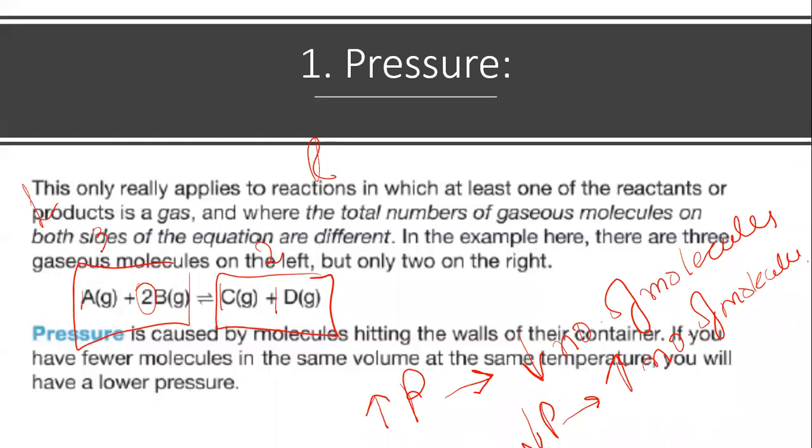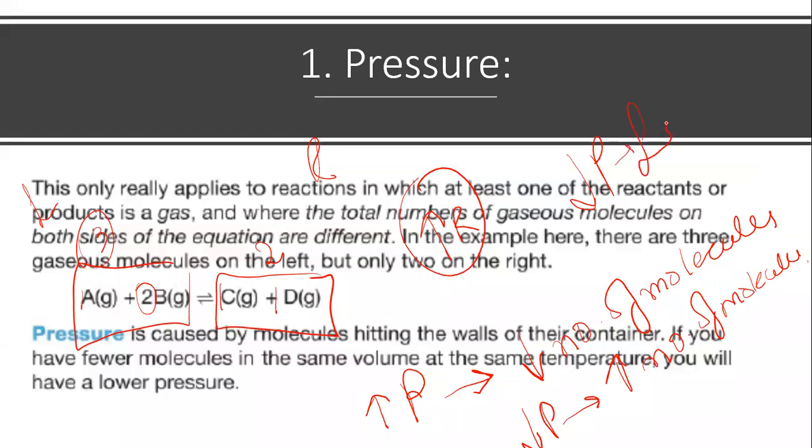So in this reaction, when I increase the pressure, the reaction will shift to the side with less number of molecules. The right side has less, so the reaction will shift to the right. If I decrease the pressure, the reaction will shift towards the side with more molecules, which is the left side.